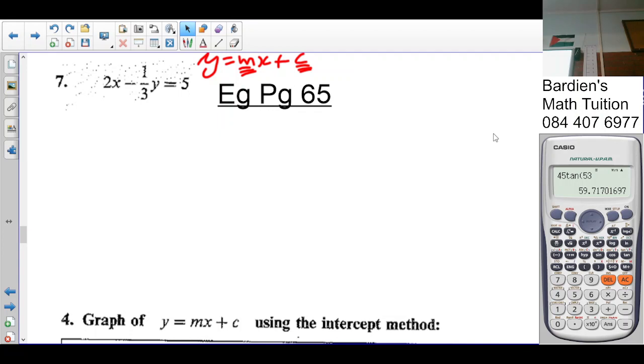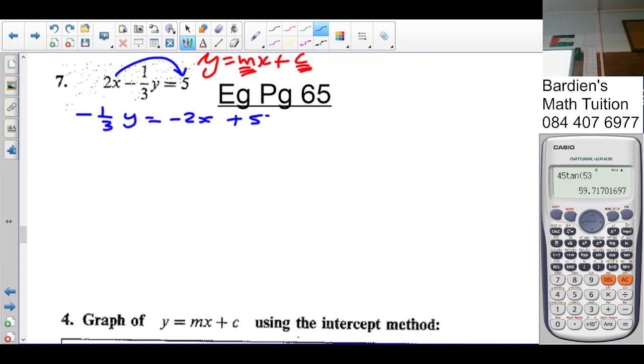So again we must get it in the form of y is equal to mx plus c. I start by taking that over. So negative a third y equals negative 2x plus 5. How do I get y on its own? Don't you do the reciprocal of a third? You can't do the reciprocal, not in this case.